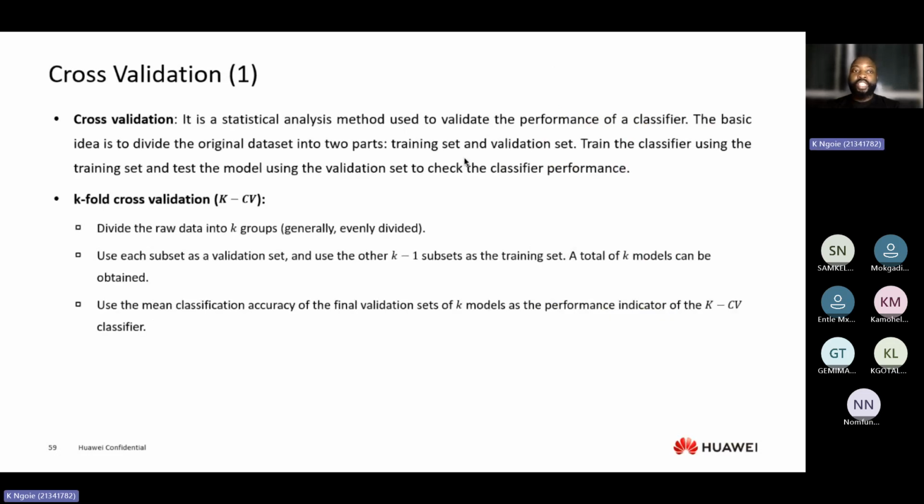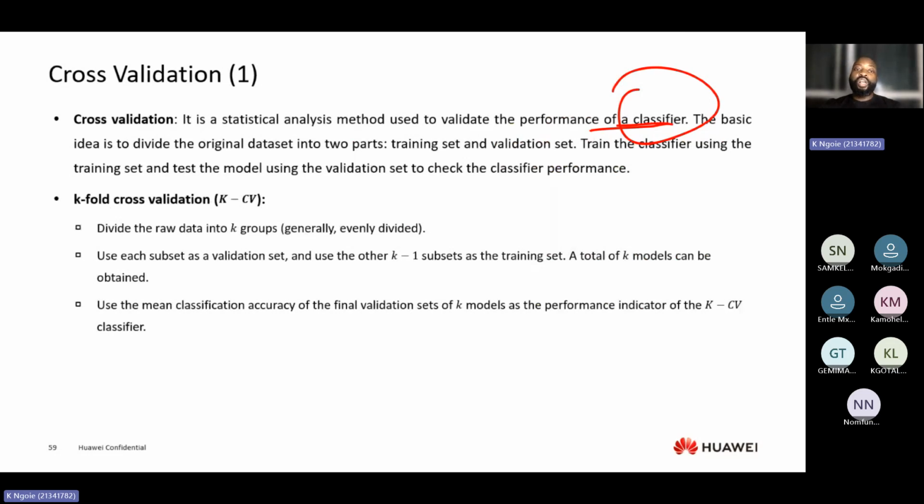Remember, the cross validation is a method that we use to validate the performance of a classifier. What is a classifier? A classifier is a model that is used for classification purposes. So we're trying to detect if we have a true or false, a yes or no, or a scenario where we're trying to classify the data into certain groups.